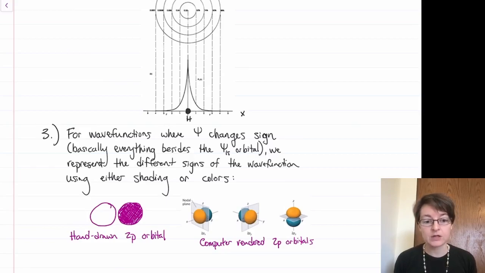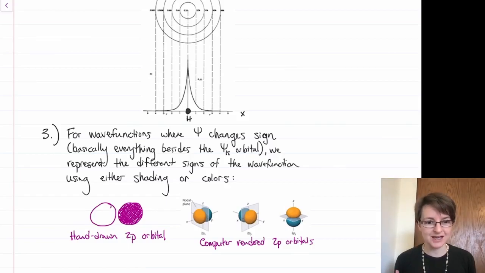a 2p orbital. The only difference between the shaded and the unshaded lobe is that this represents that on the left-hand side of my graph, the wave function is positive, whereas on the right-hand side of my graph, the wave function is negative. And remember, when it comes to the electron behavior, the sign of the wave function isn't super important because it's psi squared that we're interested in.